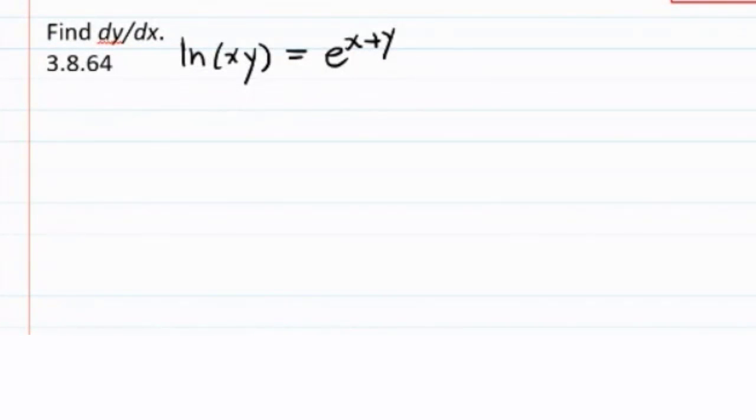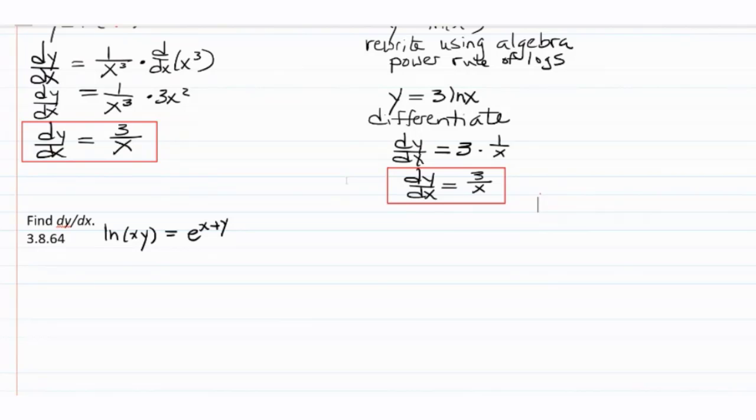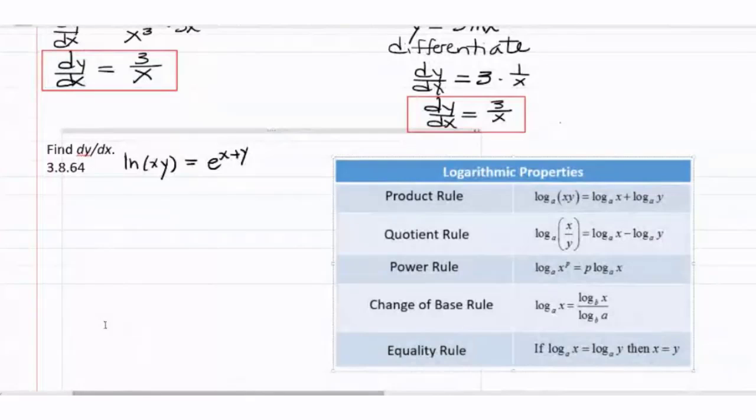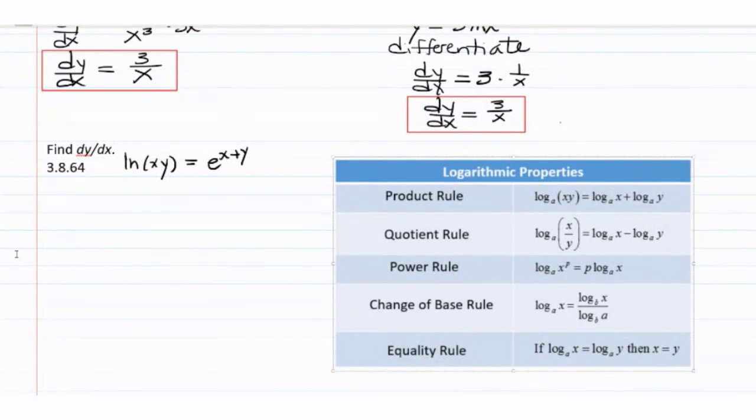But what could we do with the expression natural log of xy according to the rules of logs that would help to simplify that a lot? Okay, so here are the rules of logs. Which one of these rules might be helpful on the left side of this relation? Product rule is correct. So according to the product rule, you can break it up.